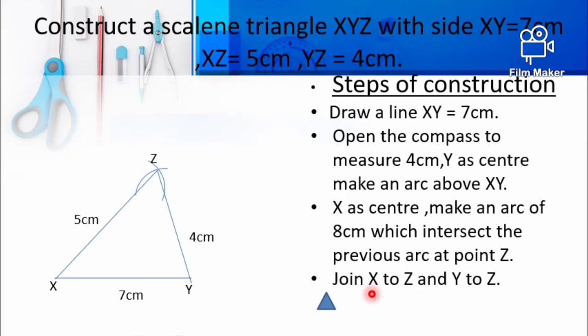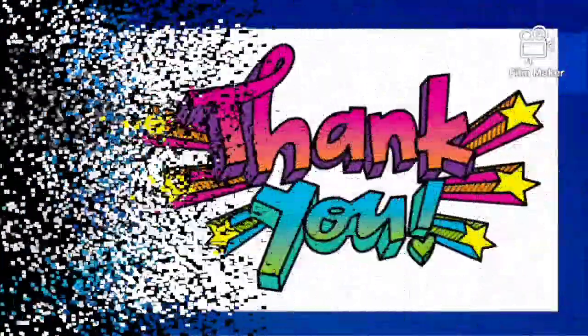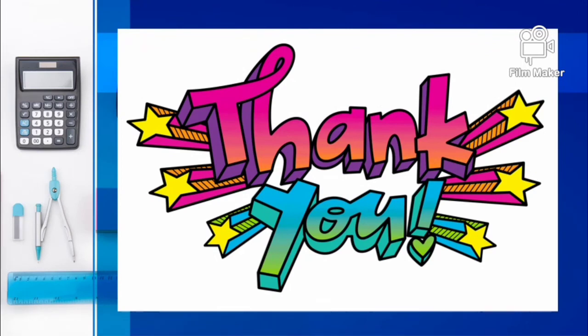Then we have to join X to Z and Y to Z. Join X to Z and Y to Z, then we will get a triangle XYZ, which is the required scalene triangle. Students, I hope you will enjoy to draw the three types of triangle: an equilateral triangle, an isosceles triangle, and a scalene triangle.